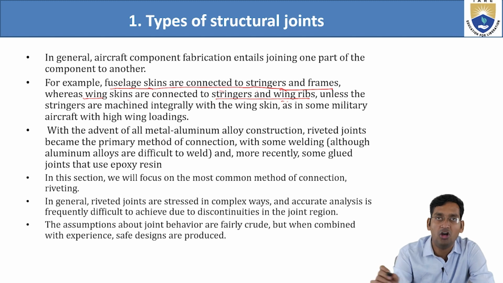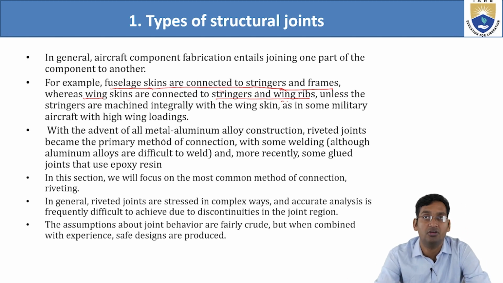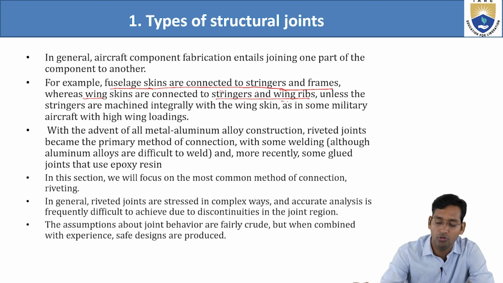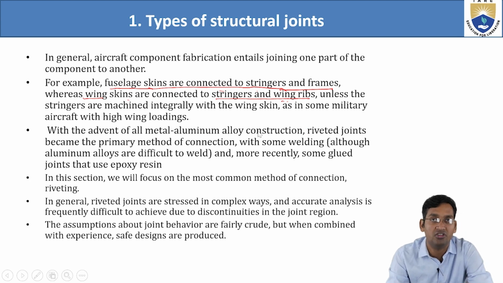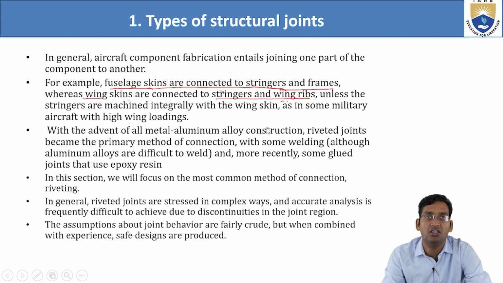With the advent of all-metal aluminium alloy construction, riveted joints became the primary method of connection, with some welding, although aluminium alloys are difficult to weld, and more recently some glued joints that use epoxy resin. So generally, in metal aluminium alloy construction, the riveted joint is one of the most used, primary methods for connecting two metals or two metal alloys.